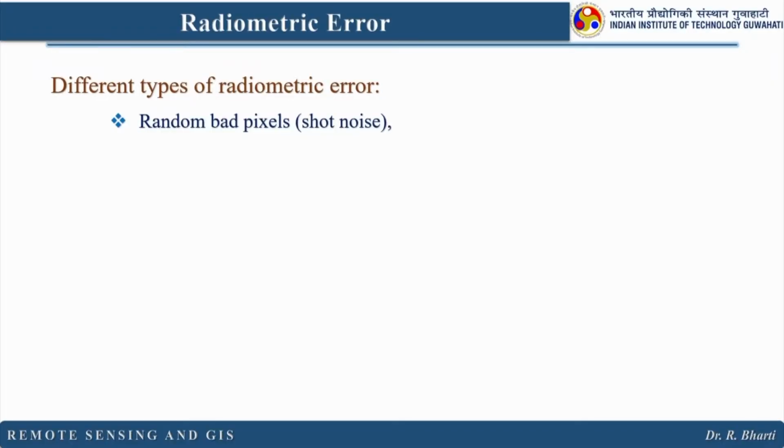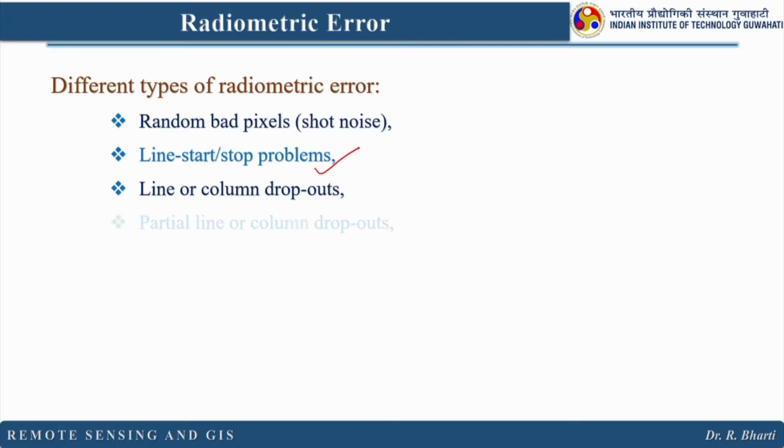Now let us see what are the different types of error we consider in radiometric error, right. So the first one is random bad pixel, which is also known as shot noise. There is a slight modification that we will see. Then line start or stop problem. So when the line scanning is happening, if there is a line start or stop problem, that may come into this particular category. Next is line or column dropouts, then partial line or column dropouts.